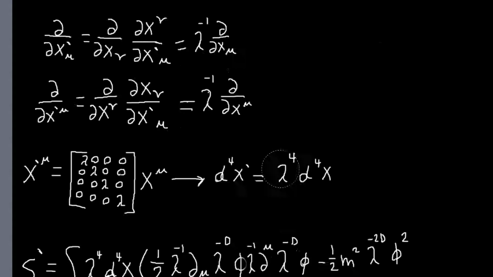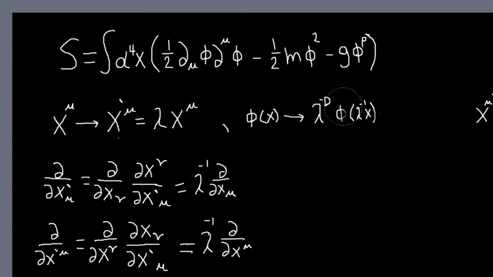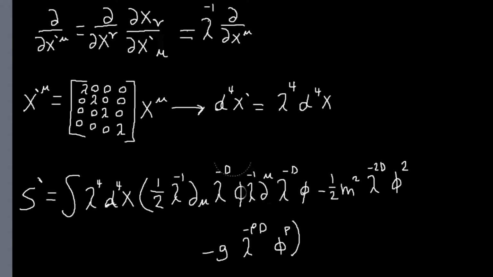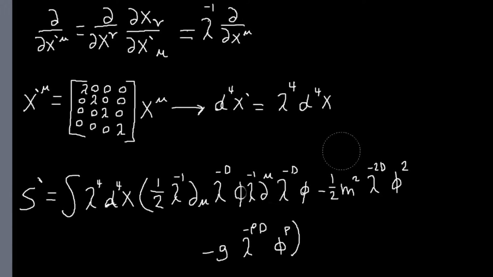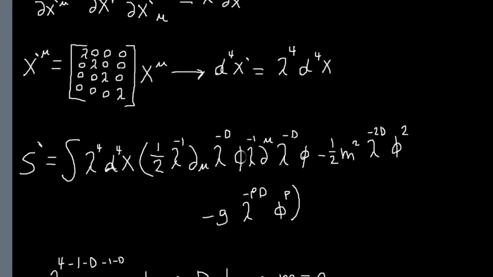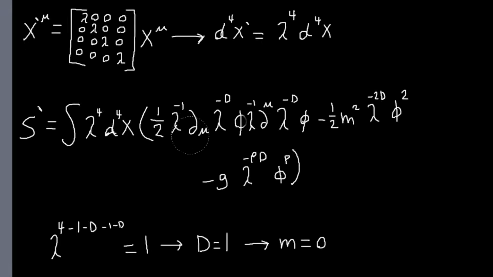So if we use all these rules for the changes in our coordinates and fields and derivatives, we get this. And we just want this to be invariant, so we need all of these lambdas to go away. For the first term, just this derivative term, if we combine all our lambdas, we will have lambda to the 4 minus 1 minus d minus 1 minus d.